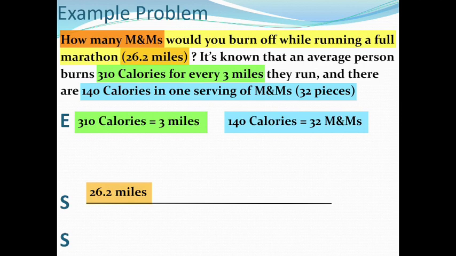So if we're trying to figure out which equation is going to help me turn these miles into M&Ms, we need to look at our units. The units on my given are miles. So what I know is diagonally down from that, I need more miles. I've got to cancel out these miles. So when I'm looking at my equations, I'm going to use my green equation because it's the only equation that has miles in it.